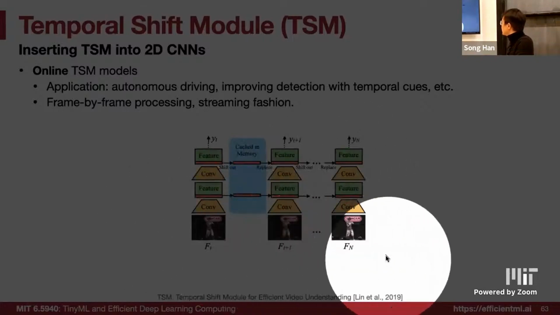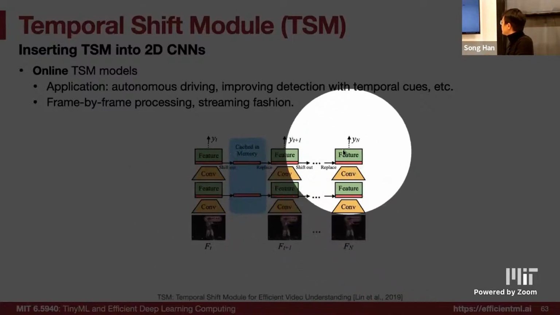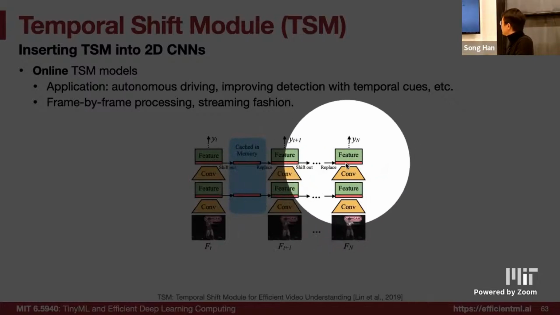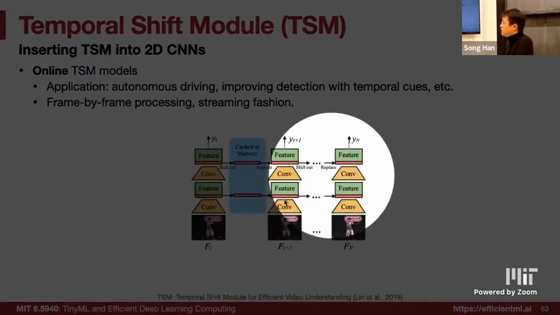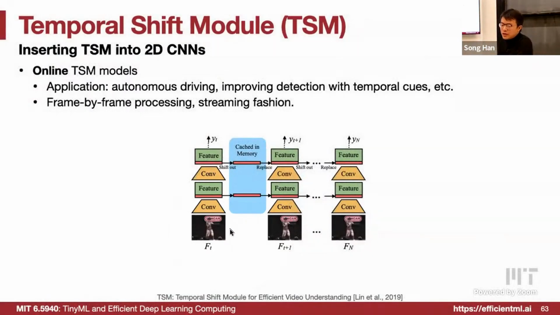So as the timestamp goes on, this final layer has the information across all the layers, because at each layer you have its previous layer's information. So in the next timestamp, you have the previous layer and previous layers' information. As a result, you can have access to the entire history of data.